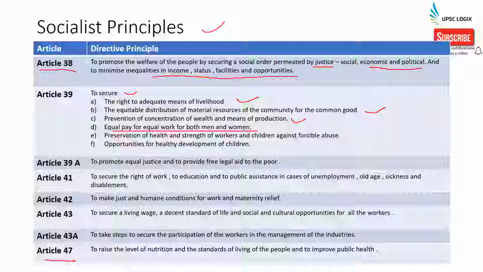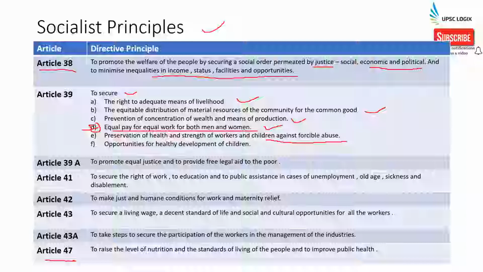So if we have a look at this particular point in Article 39, which is point D, and if we have a look at Article 23, it says right to work and equal pay for equal work. So this particular socialist principle has been put into place. Then E is preservation of health and strength of workers and children against forcible abuse.